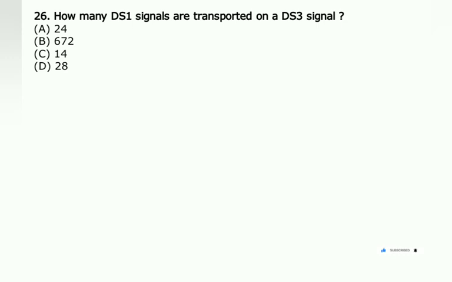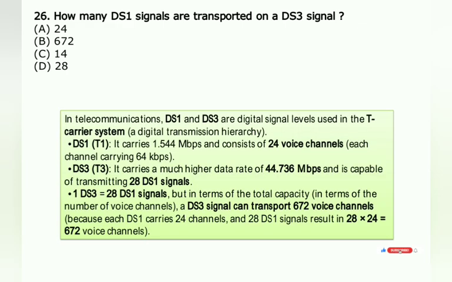A digital signal, DS, is a signal level in the T carrier. In telecommunications, DS1 and DS3 are digital signal levels in the T carrier system. So this is a digital transmission hierarchy. DS1 carries 1.544 megabits per second and consists of 24 voice channels.